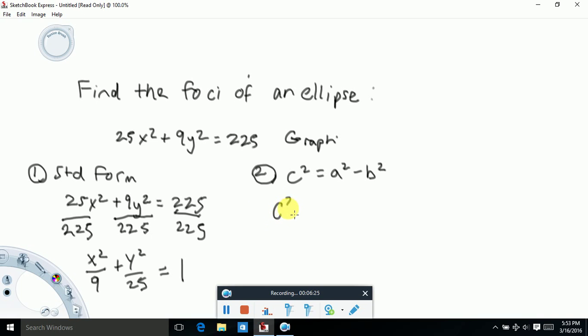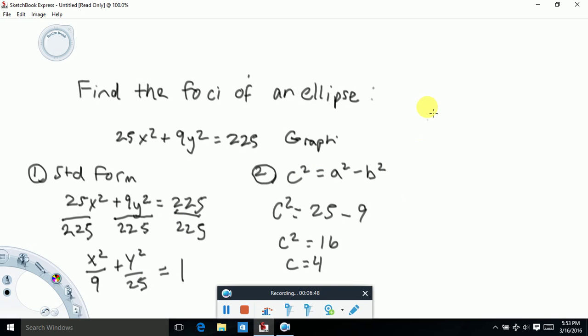So c squared equals 25 minus 9. C squared equals 16, so C equals 4. And again, once you get the equation, it's a matter of seeing which number is bigger. The bigger number is always the major axis.